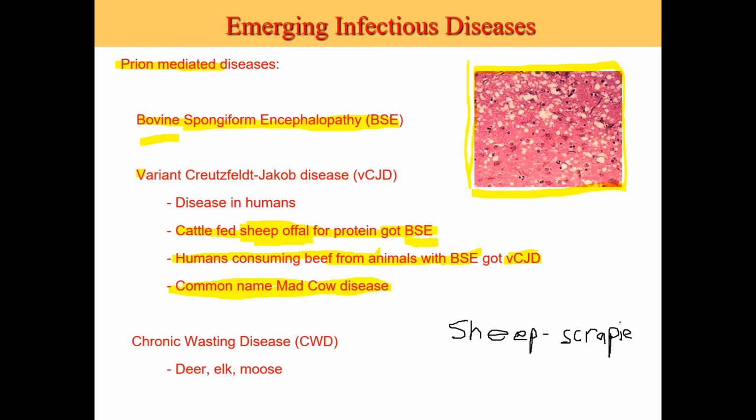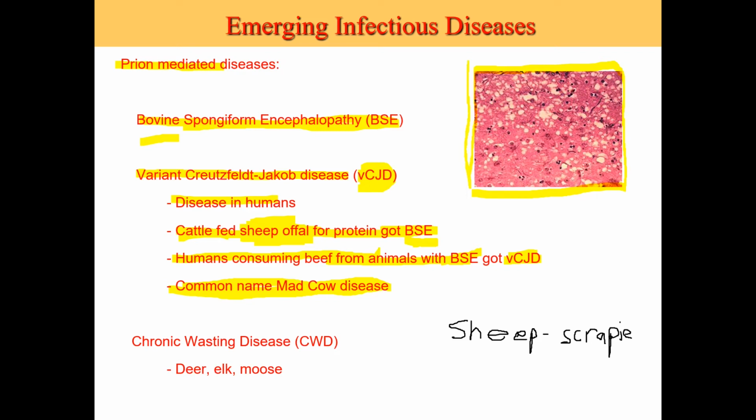But the true name of the disease process in humans is called variant Creutzfeldt-Jakob disease. It's enough for you to know vCJD. Okay, variant Creutzfeldt-Jakob disease is a bit of a mouthful. So it's a disease in humans which was transferred from sheep to cattle and from the cattle to humans.